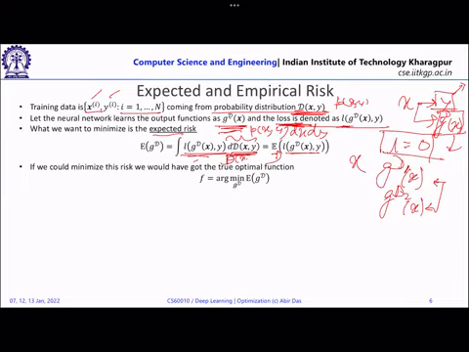What I exactly said will probably come in the next bullet point, the summation thing. So if we could minimize the risk, we would have got the true optimal function. I am saying we could, and why I'm saying we could will also be a little clearer in this slide itself.